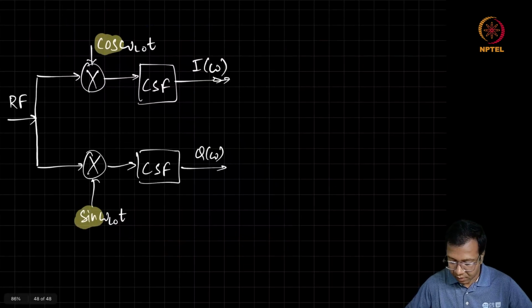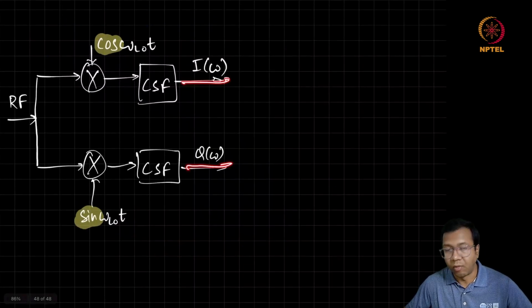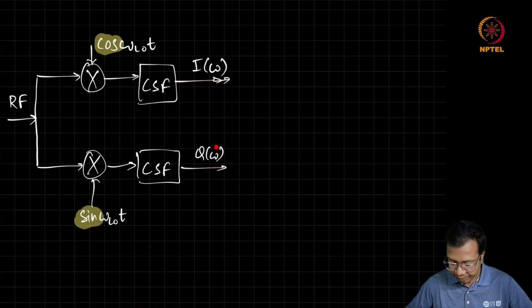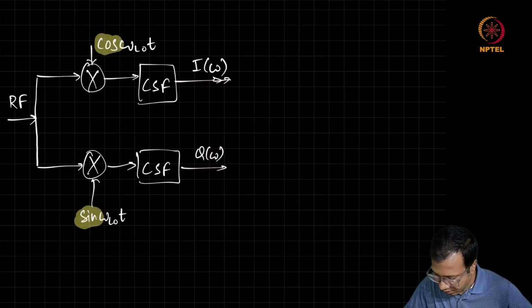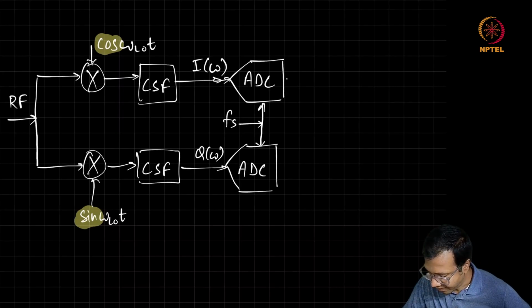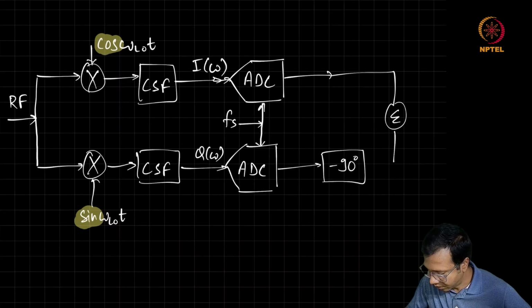So once the signals have been down converted to intermediate frequency, what we can do is we can digitize each of these signals separately. After digitization, the 90 degree phase shift can be implemented in the digital domain.